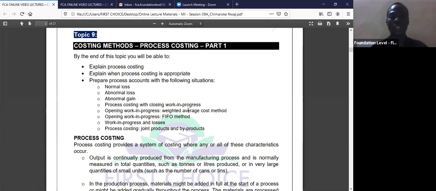Like job costing, we said is special, tailor-made for the customer, while batch costing, you do everything in batches, continuous in batches. Now, when we say process costing, we are talking about one process leading naturally to the other process.